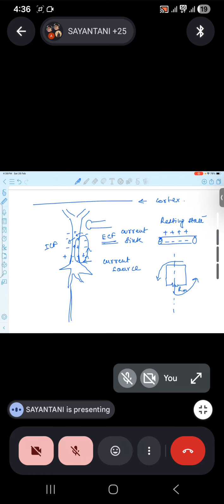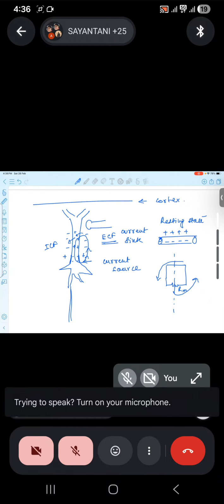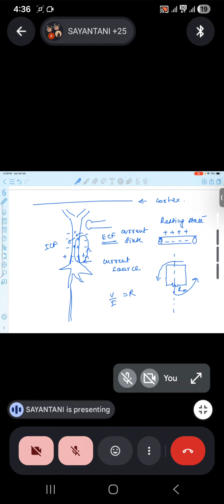You can apply Ohm's law, V by I equal to R, so you can estimate the amount of voltage created in this circuit. You can have other types of resistances over here also. Inside is the ICF resistance, so you can name it RA, and this is the ECF resistance, so that is RE. So from this circuit you can estimate the voltage and the current flowing.